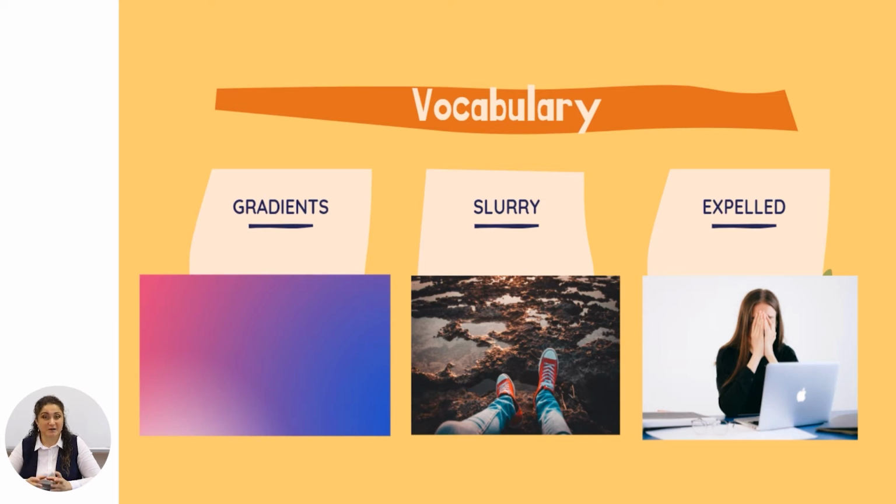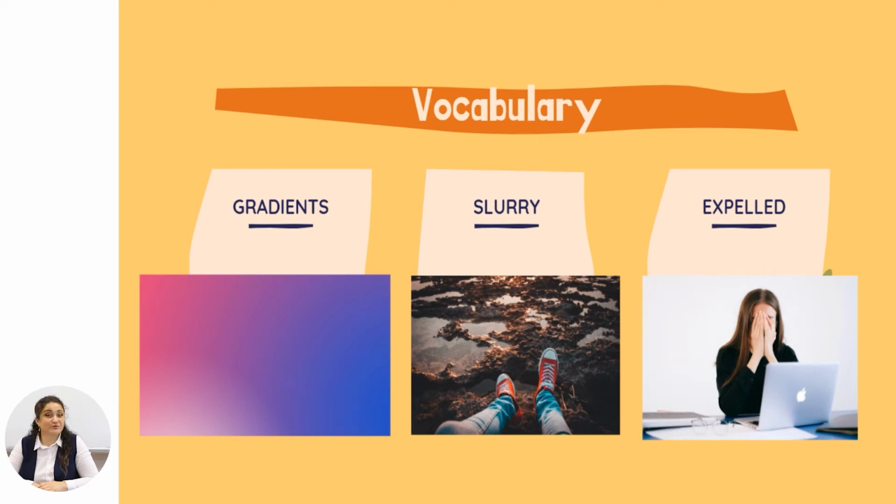And if the mud is thick, we can say that these roads are slurry. And the last word is expelled. This word means to force someone to leave a place. If you like football, the footballers that make mistakes on the football field, the referee expels them by showing them the red card.